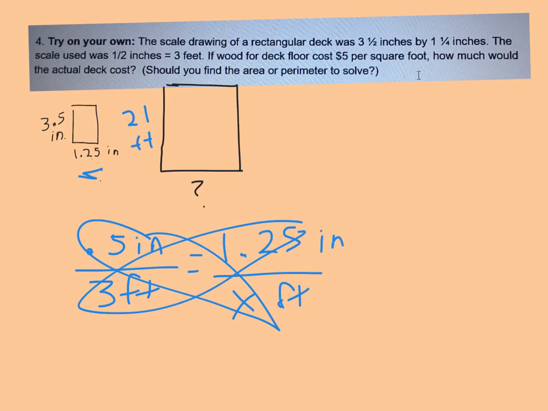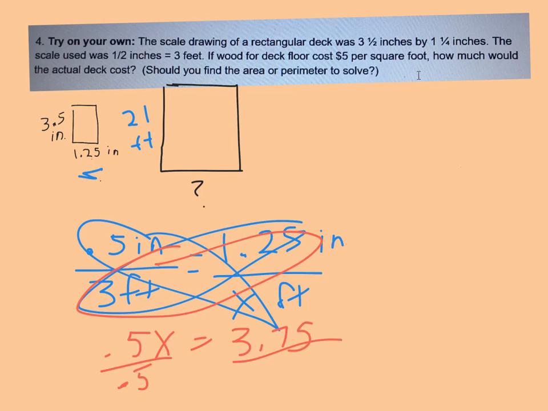So 0.5x would equal whatever 3 times 1.25 is, and that is 3.75. So now I'm going to divide by 0.5 on this side to get x all alone. Divide by 0.5 on this side. I'm going to rewrite up here. So that turns into 1.